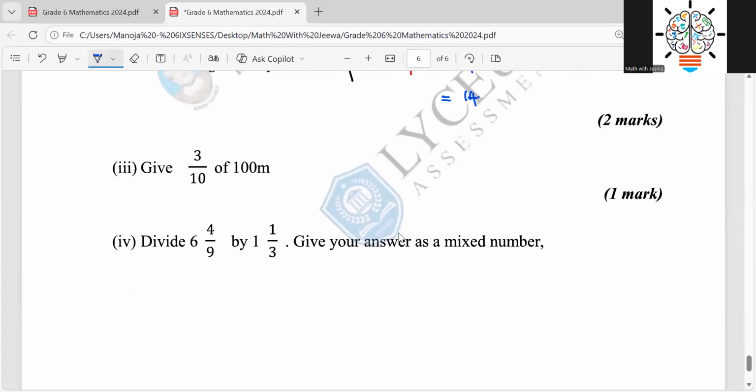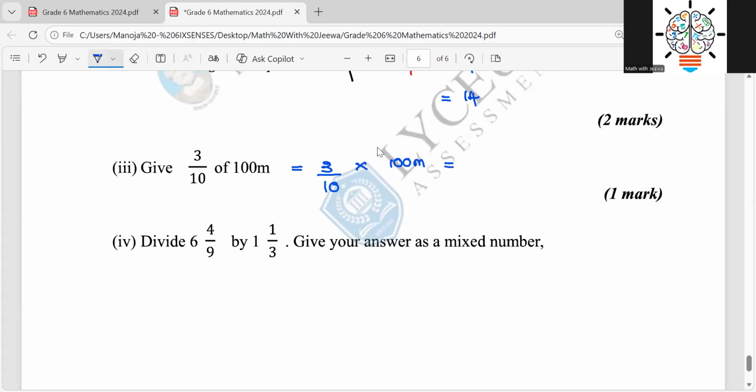Give 3/10 of, how do you write this? 3/10 of 100 meters. So instead of this 'of', we can use the multiplication sign, right? 100 meters.